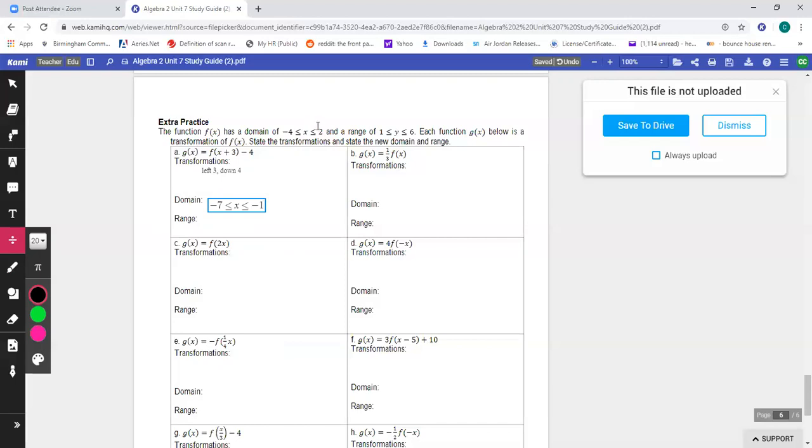So I'm looking at this original domain here, and I'm going left 3. So that means -7 to -1. And then my range is going to be, so now I'm going down 4. So if I go down 4 here, it's -3 less than or equal to y less than or equal to 3. Oh, sorry, 2.